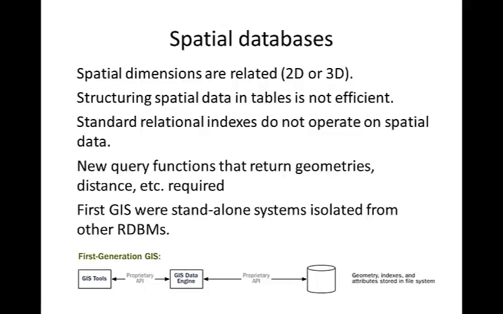So what are spatial databases? Well, we know they store spatial information, geometric information. So there may be 2 or 3 dimensional geometric spatial information. First of all, while we can store spatial data in tables, it's not very efficient. Imagine I could have shown you a diagram that showed how you decompose a polygon into its nodes, and then you store the left and right polygons to maintain topology.